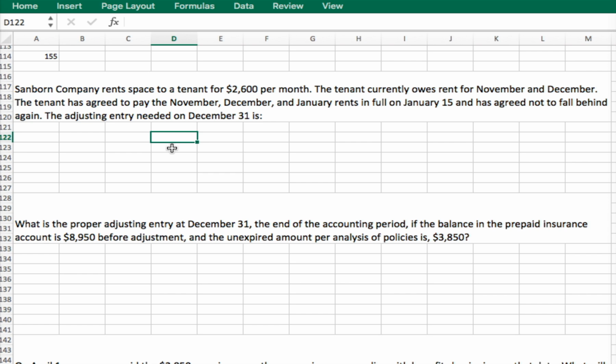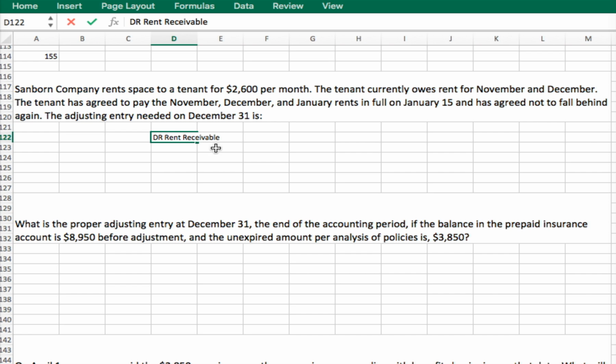Since we earned money, we're going to have some type of revenue showing up here, right? We're also owed money by someone else. That means we're going to record that in some type of receivable. Someone owes us money, we will receive it in the future. Depending on our company, this could be accounts receivable, rent receivable, something with the word receivable in it.